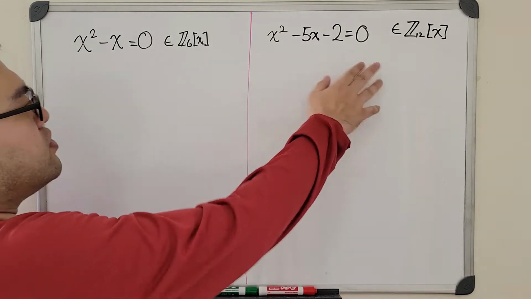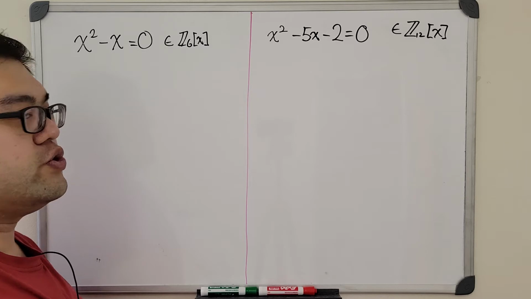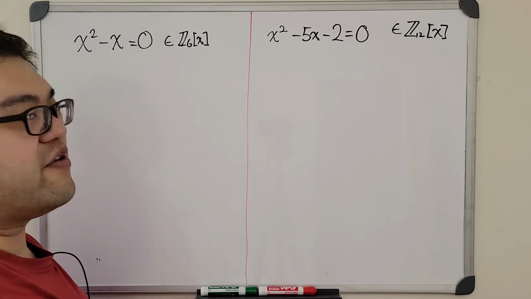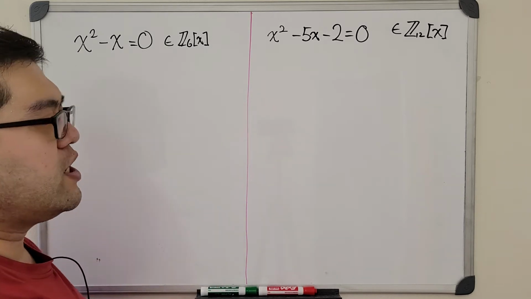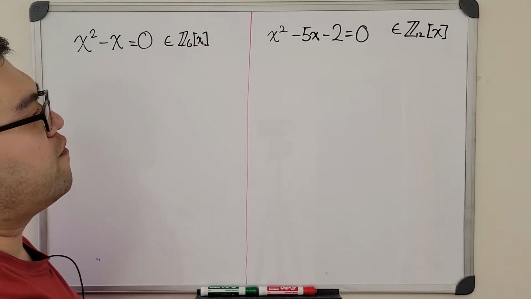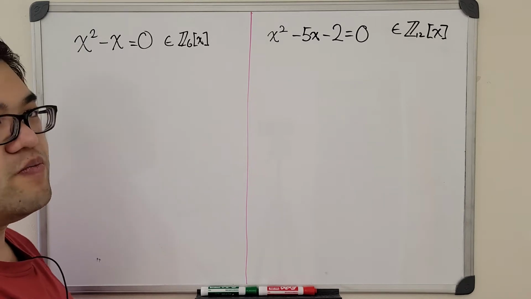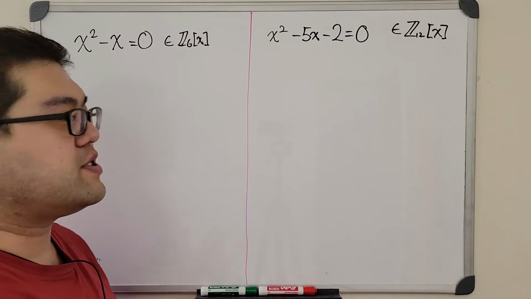But now we no longer have a field, so when we try to do division, we need to be very careful. That is based on the property of non-field rings, that some elements might not have a multiplicative inverse anymore.